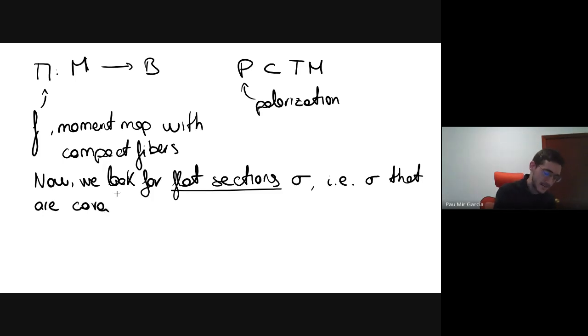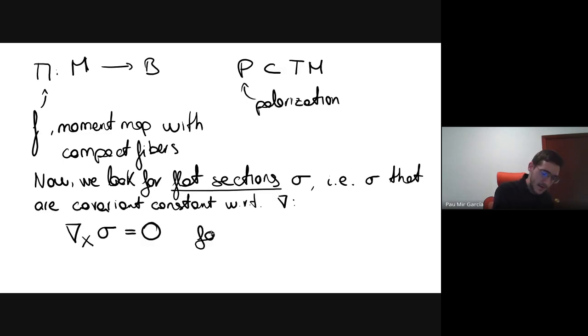And I will write explicitly what it means to be covariant constant with respect to the connection we had on L. Or equivalently, that sigma has to satisfy this equation for any x in the polarization.